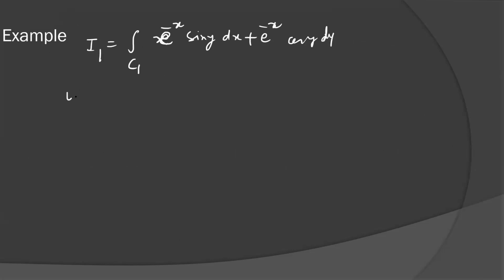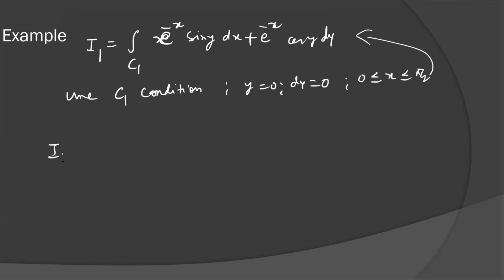Now use the curve C1 conditions: y equal to 0, dy equal to 0, and x is lying between 0 to pi by 2. So I1 will be 0 to pi by 2. Due to y equal to 0, sin y is 0, and due to dy equal to 0, this is 0 totally. So this value is 0. I1 is your 0.